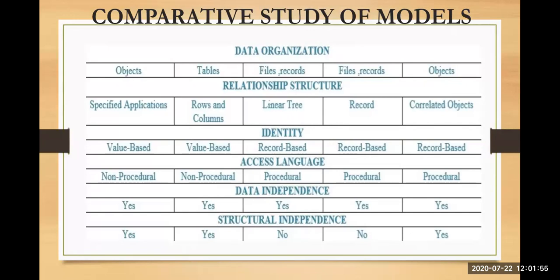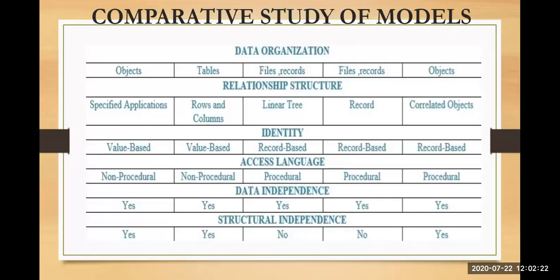Whereas for the hierarchical and network models, there is no fixed structure, but for object there is a fixed structure, because whenever you are accessing the object, there are methods which you are going to use, and those methods always remain the same. So the structure independence is present in the first two. Then in network and hierarchical it is not present, but in object again it is present. So that was your comparative study of your data models.